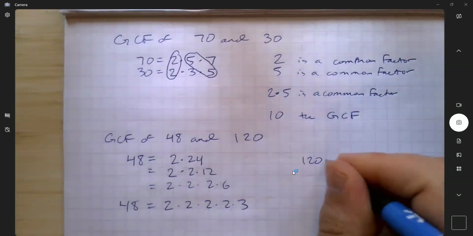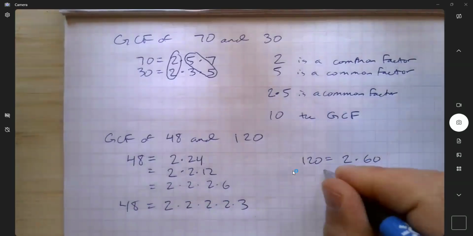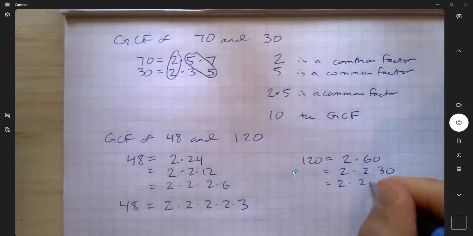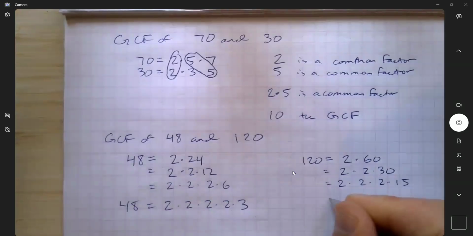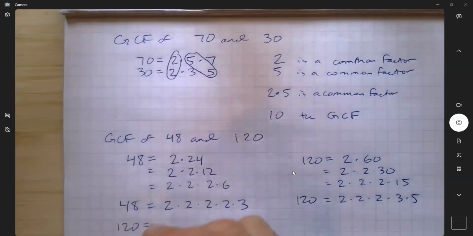And then I'll do 120 over here. That's 2 times 60, which is 2 times 2 times 30, which is 2 times 2 times 2 times 15, which is 2 times 2 times 2 times 3 times 5. So now I have my prime factorization, or my prime factor decomposition.